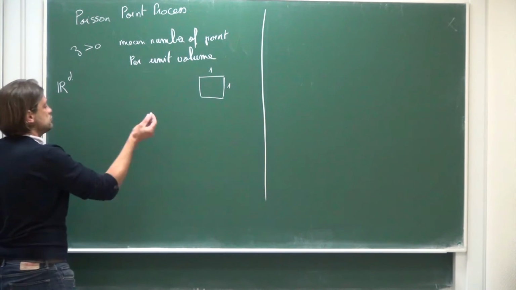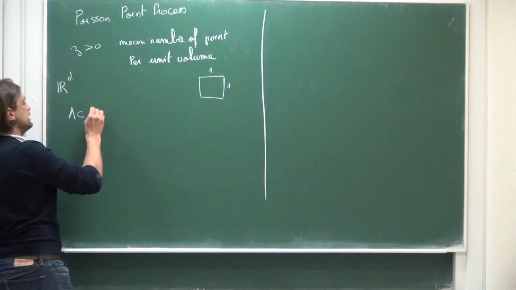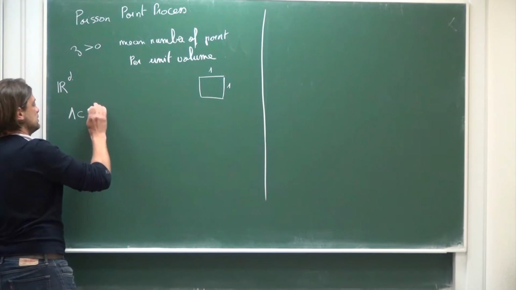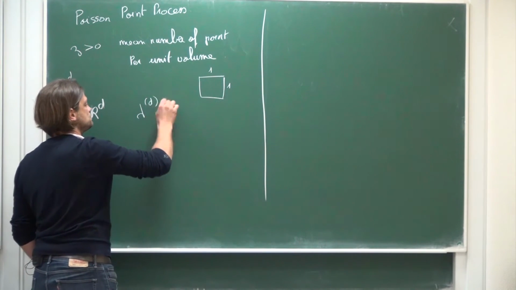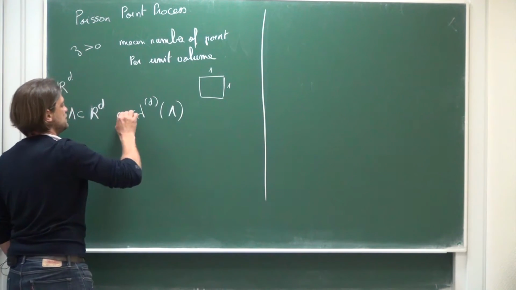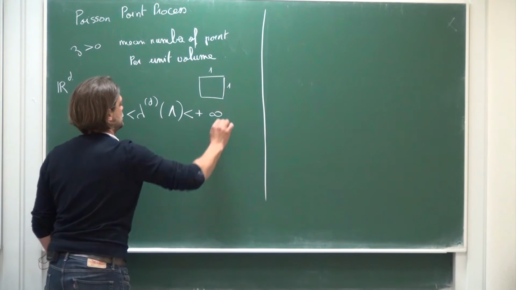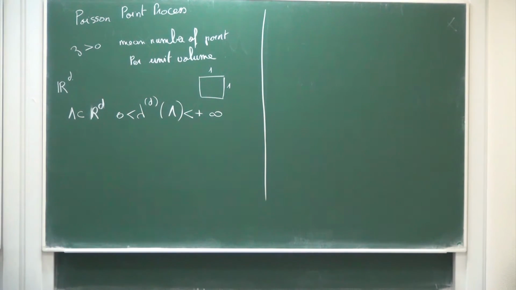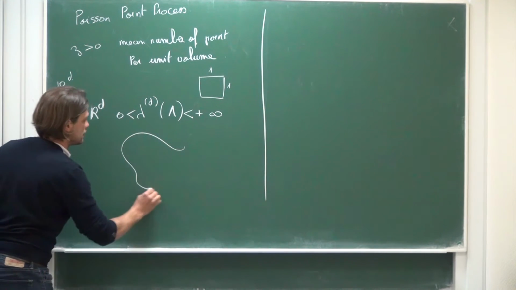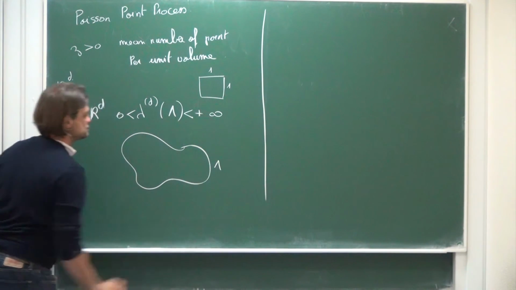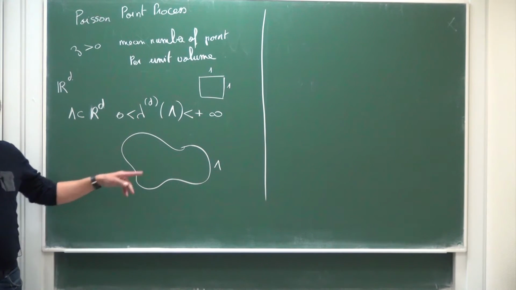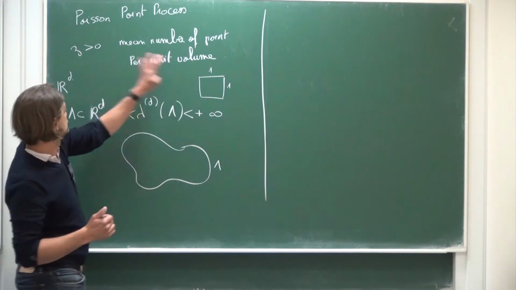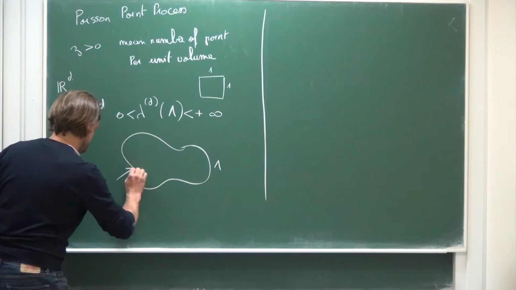How to do it? We start with any bounded Borel set Lambda in R^d, with Lebesgue measure between 0 and infinity, finite. First we have to decide how many points there are inside.